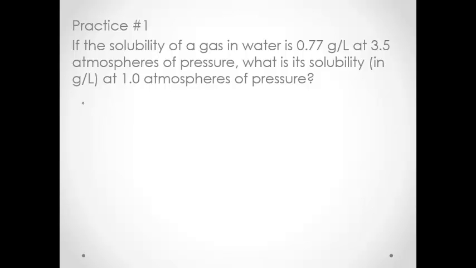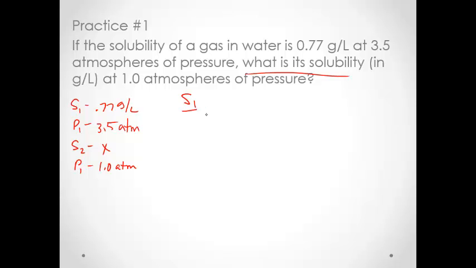So I know many people like to set up their work ahead of time, so we know that our first solubility, S1, is 0.77 grams per liter, and that is at a certain pressure of 3.5 atmospheres. And we know our second solubility, S2, it's wanting us to figure that out. But we know that the pressure changes to 1.0 atmospheres.